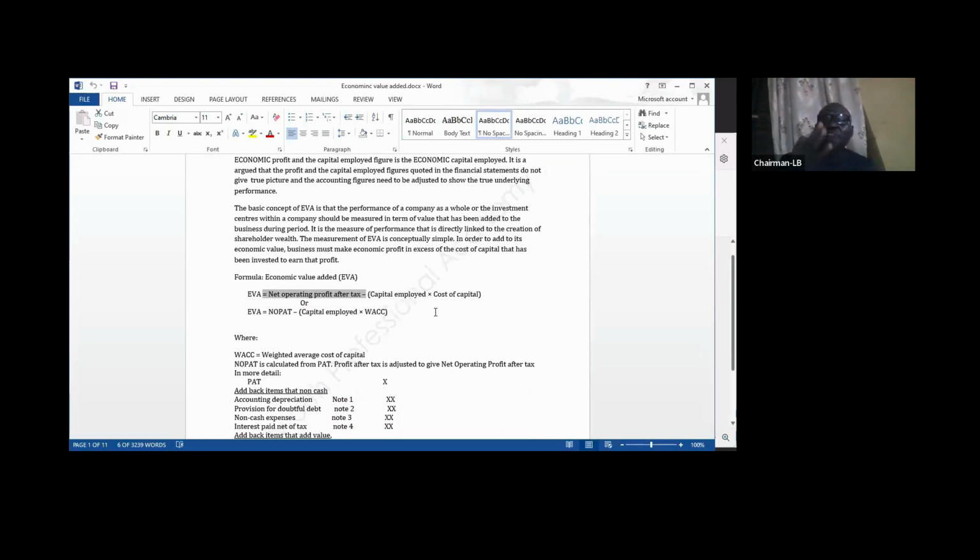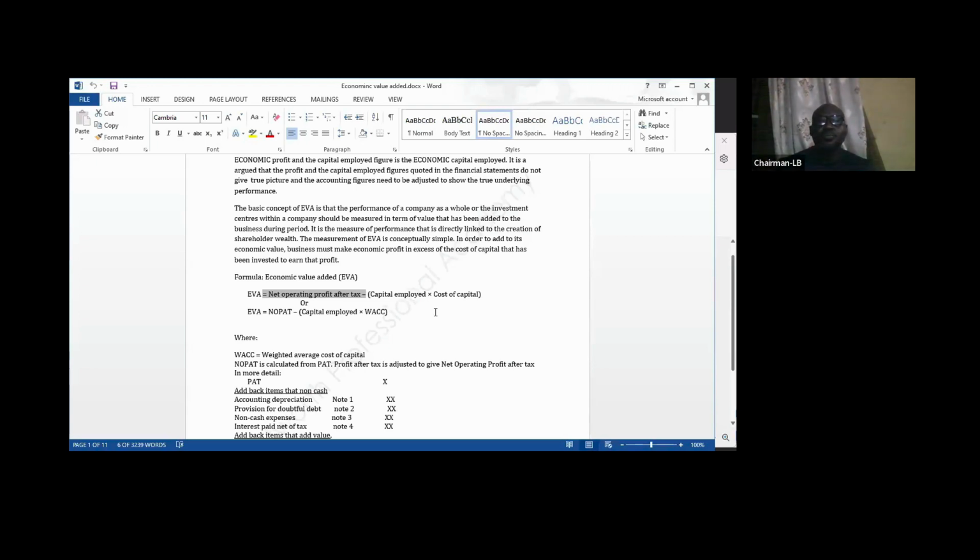Your economic value added is calculated as the net operating profit after tax minus, brackets open, capital employed multiplied by your cost of capital.